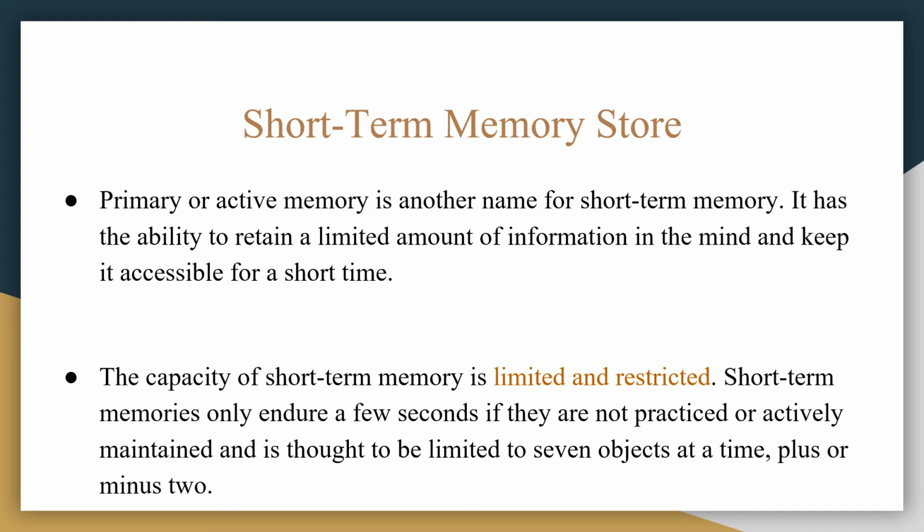The capacity of short-term memory is limited and restricted. Short-term memories only endure a few seconds if they are not practiced or actively maintained, and is thought to be limited to 7 objects at a time within a range of plus or minus 2.